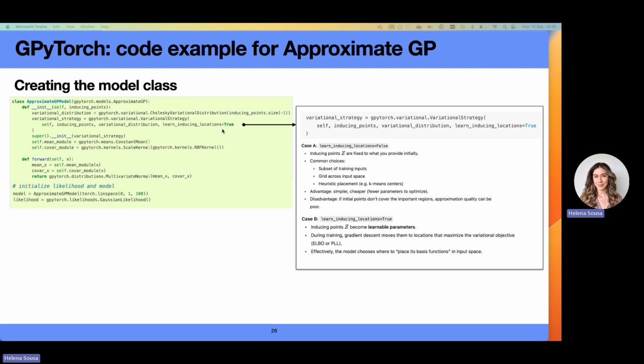This is what I mentioned before, where we can choose whether to fix our inducing points or train them during our GP optimization. But in terms of the rest, it's quite similar to an exact GP. We just define our mean and our kernel, it returns a multivariate normal, and we define our likelihood as well.